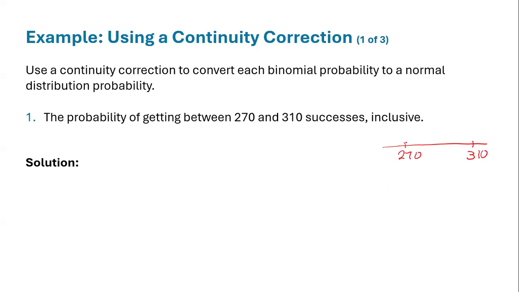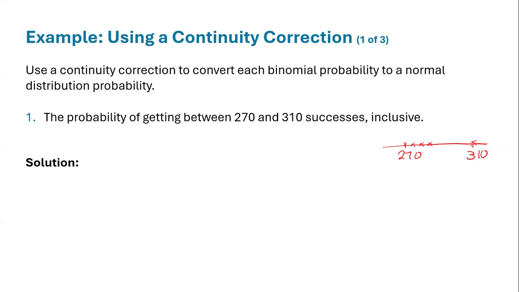You need to find the probability for 270, 271, 272, 273, all the way to 310, which is about 40 numbers. If you want to use the binomial probability, you need to use that formula 40 times and then add them together. But we want to use normal distribution instead.